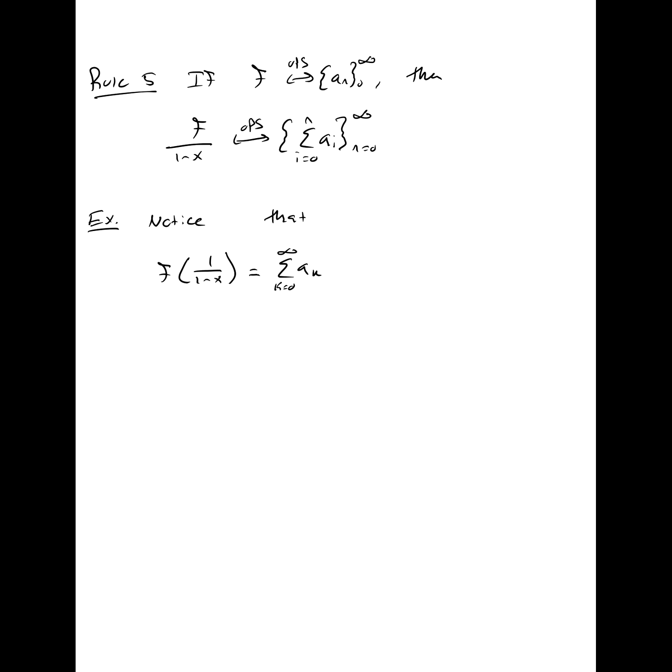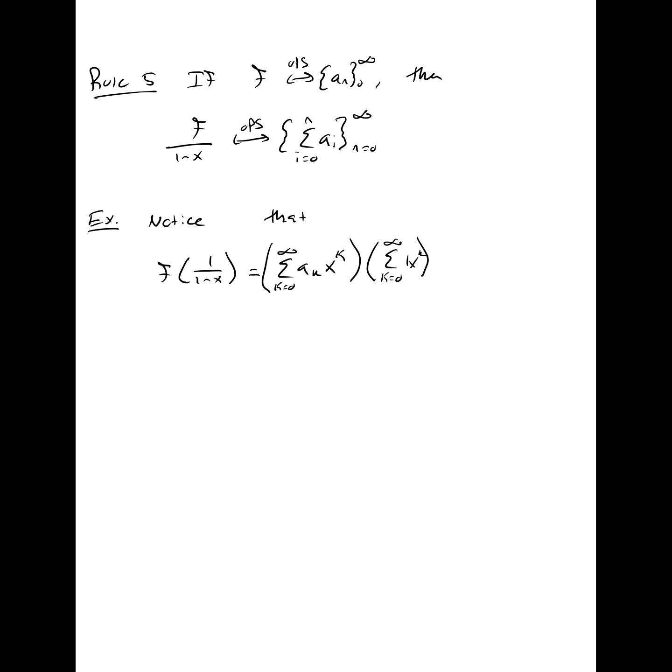If f is for some a_k, we're going to take that generating function and multiply it by the generating function that's just generated by all ones, x to the k.